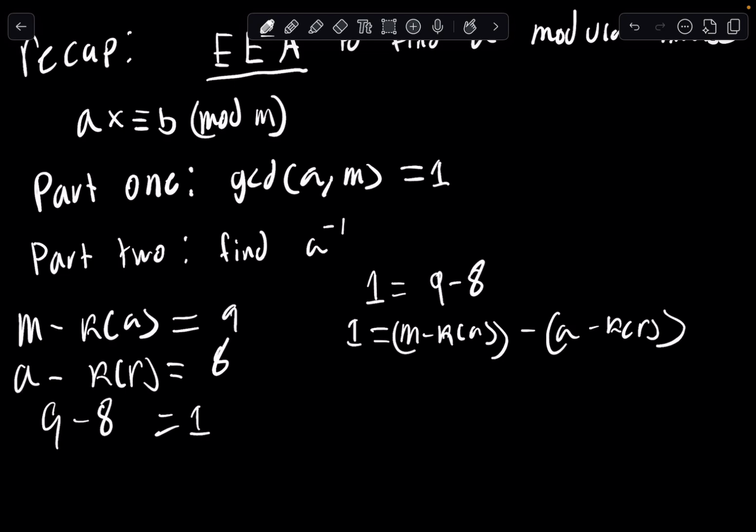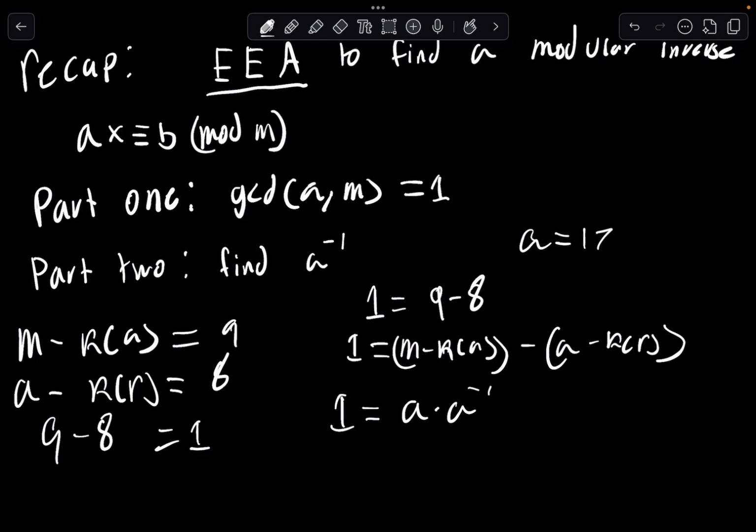And you're going to keep doing this, and I would reduce at the end once you can see that you're left with just the product where 1 is like a times x. And you'll be left with the a. So if let's say a equals 17, you'll be left with 17 times some number that'll end up being the modular inverse. That's how you know when it's just the multiple equals 1 that you have the modular inverse. So take your time with the substitutions.